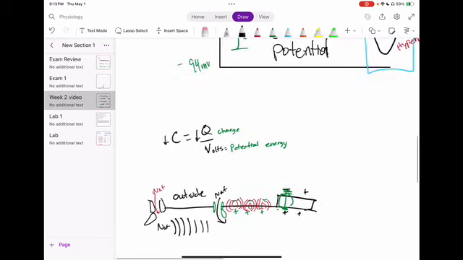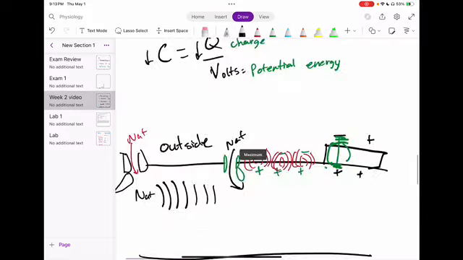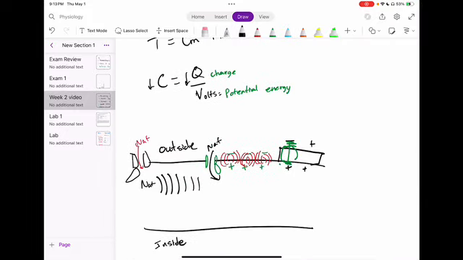So we have our time constant. Our time constant is capacitance times our membrane resistance. Membrane resistance refers to the amount of these channels that are open.